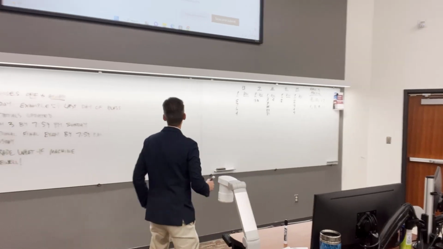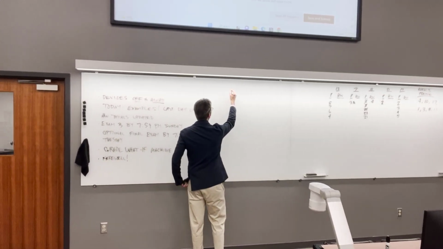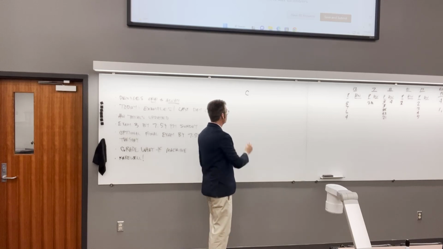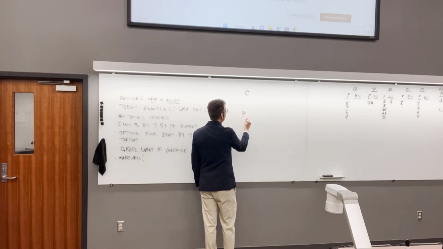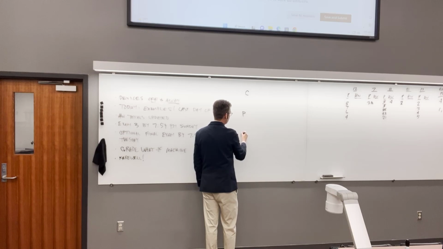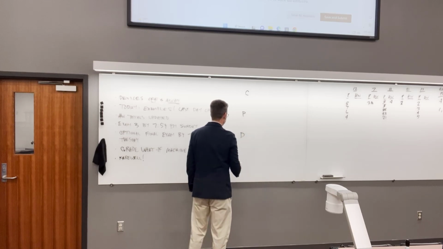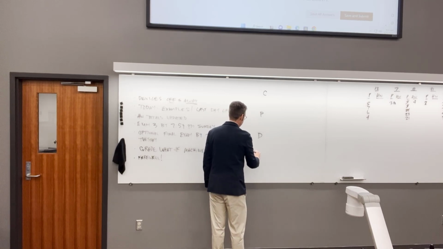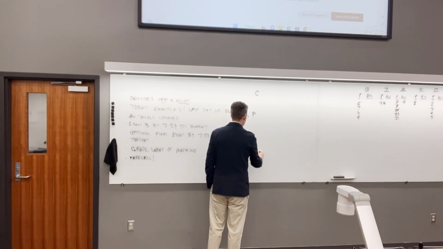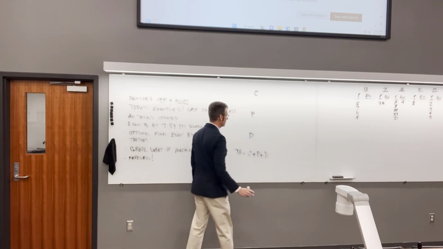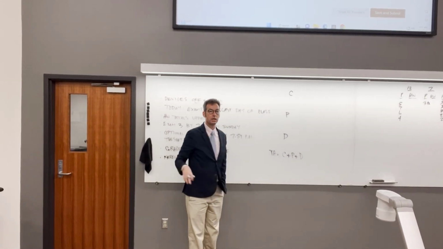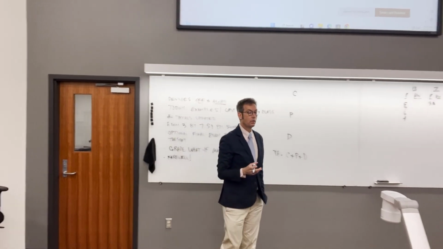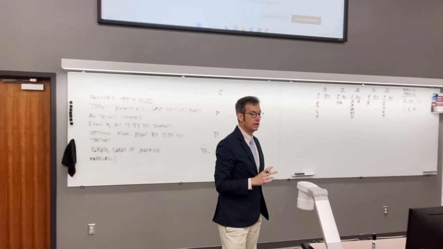Okay, so what we've got to do here is figure out the market value of the common, the market value of the preferred, and the market value of the debt. And the total assets is going to be equal to C plus P plus D. So that's going to be the number. We divide all of those to come up with the weight for each one of them. They're only asking for the weight on common equity.